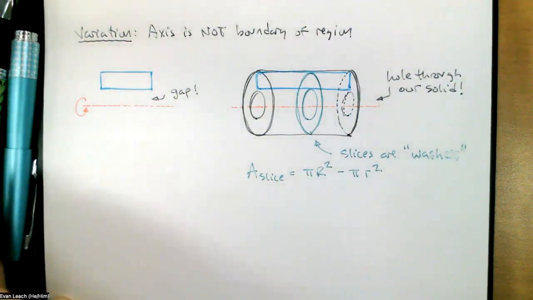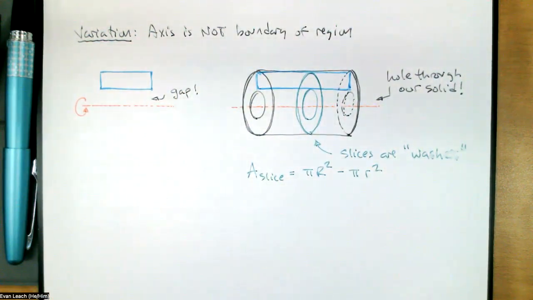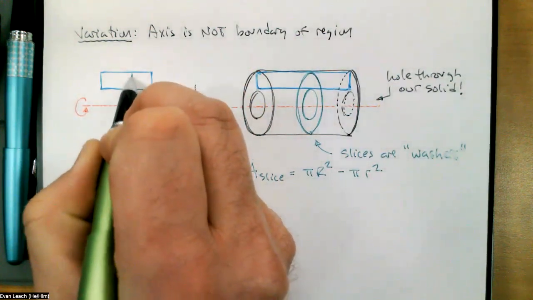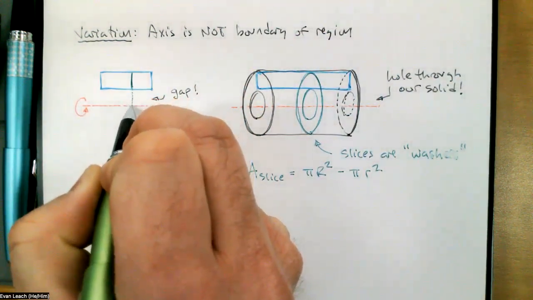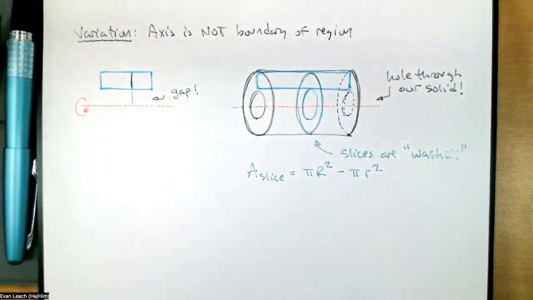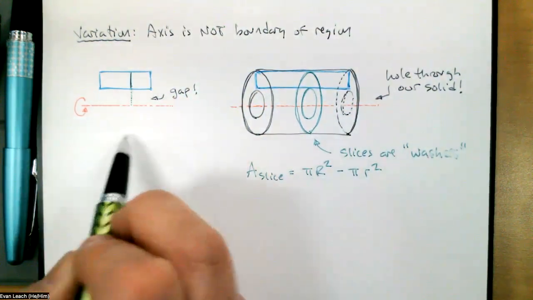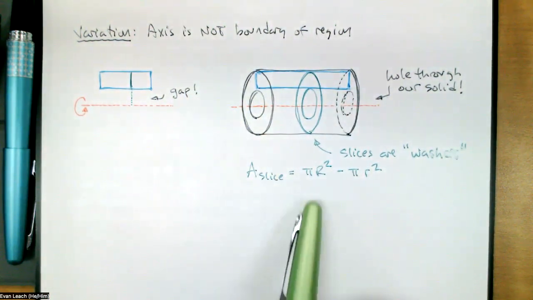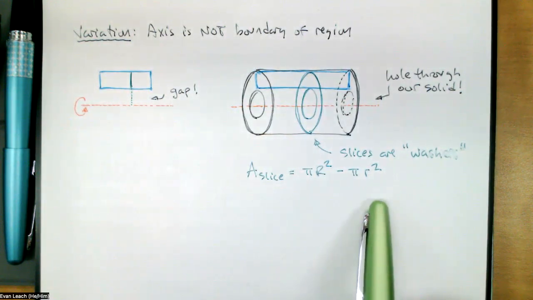And it just becomes hard to draw. So if we take this washer and look at where it came from in our picture, here's the part of the solid, and here is the gap. So this outer circle gets rotated around and the inner circle gets rotated around and then subtracted. Pi times the outer radius squared minus pi times the inner radius squared.